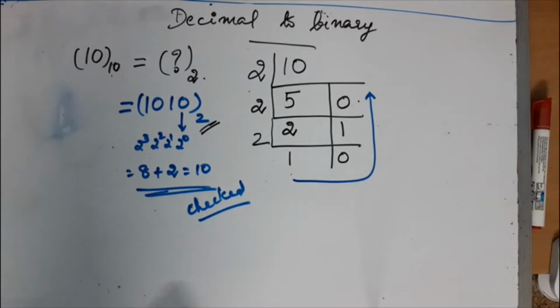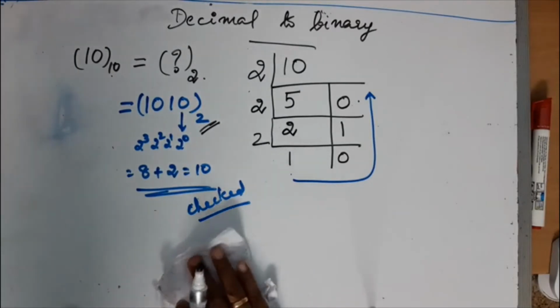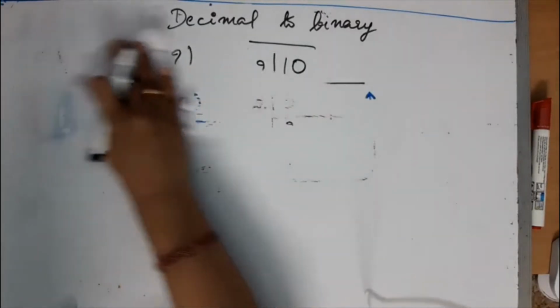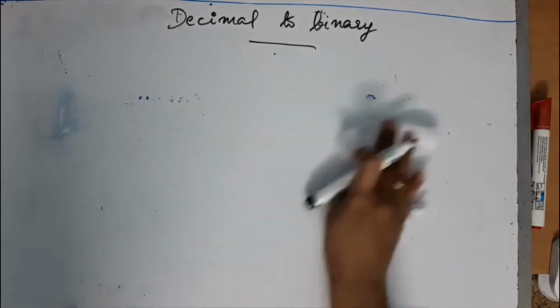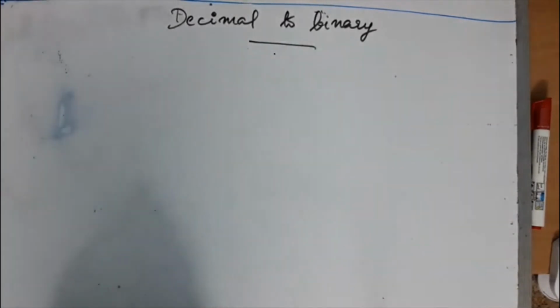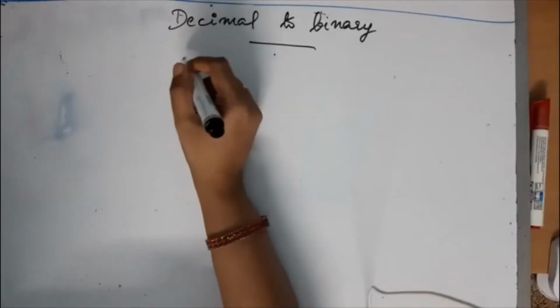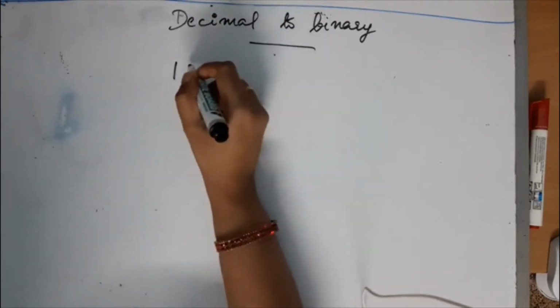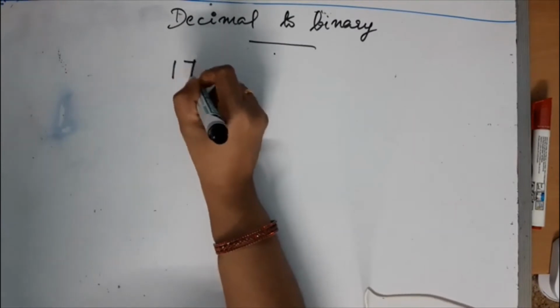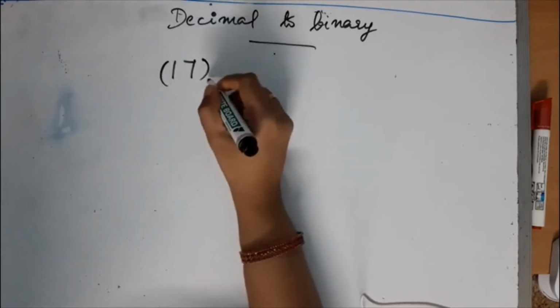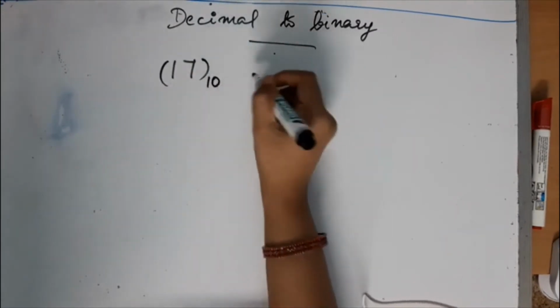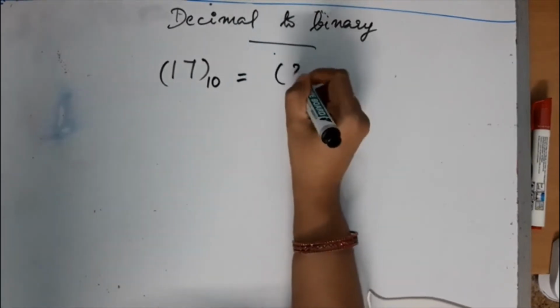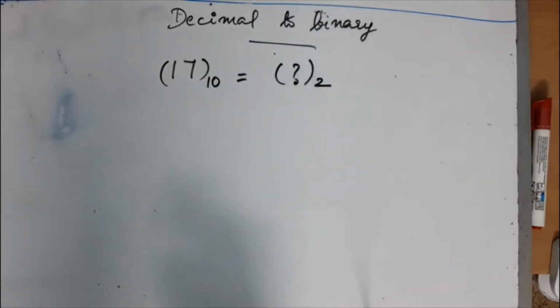one number. Now we'll consider another number. Suppose let's take say 17. 17 to the base 10 is equal to what in binary?